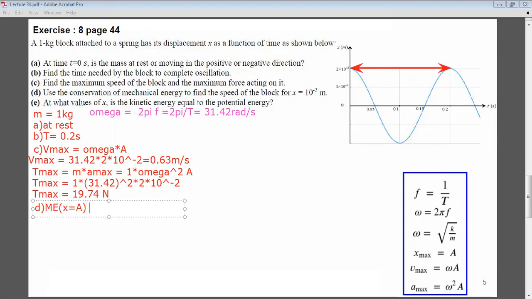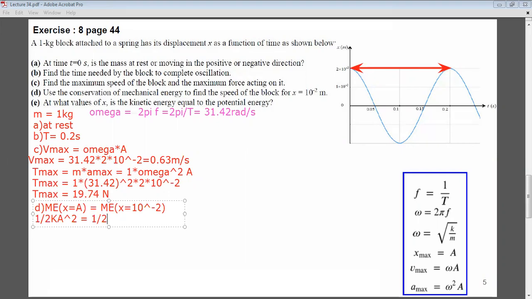So I will always start with mechanical energy at x equal A, equal mechanical energy at x equal 10 power minus 2, okay? Now mechanical energy at x equal to A is half k A squared, right?